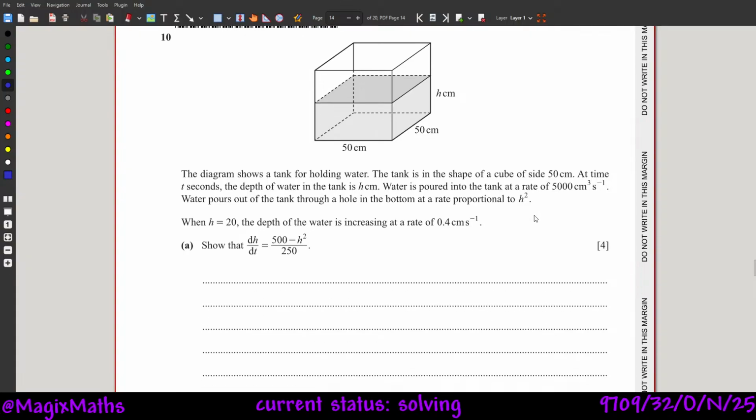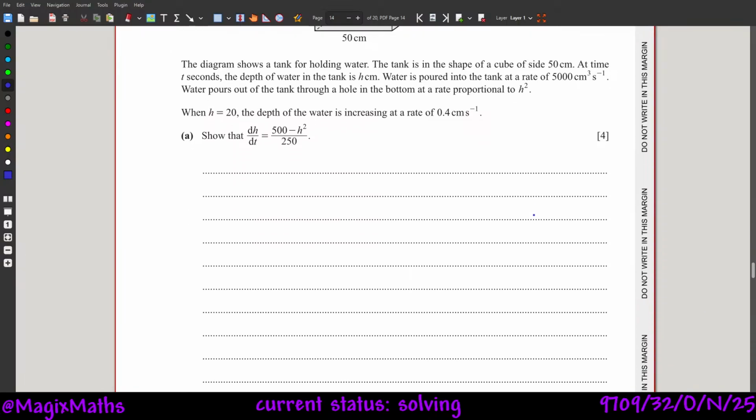Right. So we have a tank, a cube of size 50, so the maximum height should be 50. At time t seconds, the depth of the water is h. And water is poured into the tank at a rate of dV over dt equal to positive 5,000.